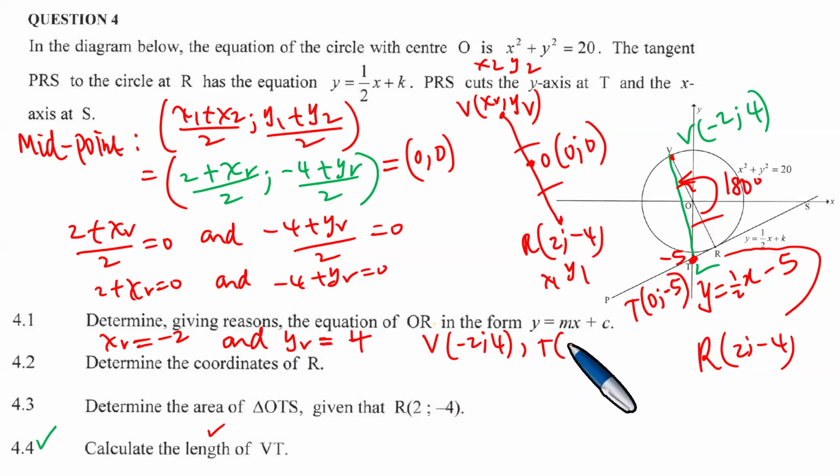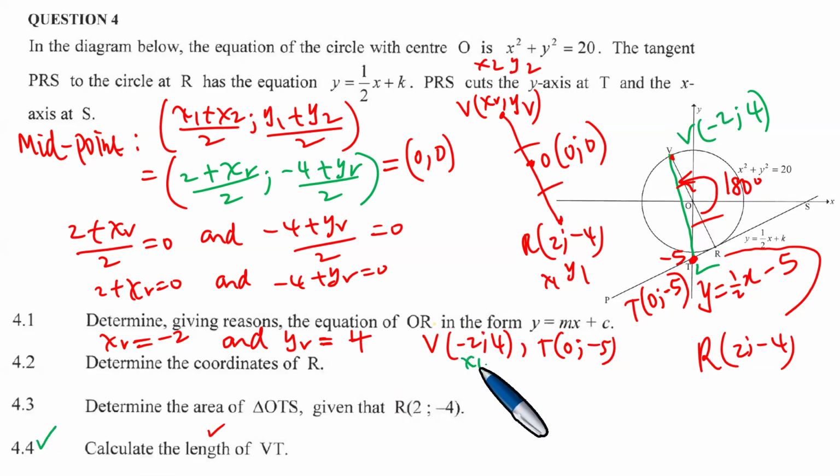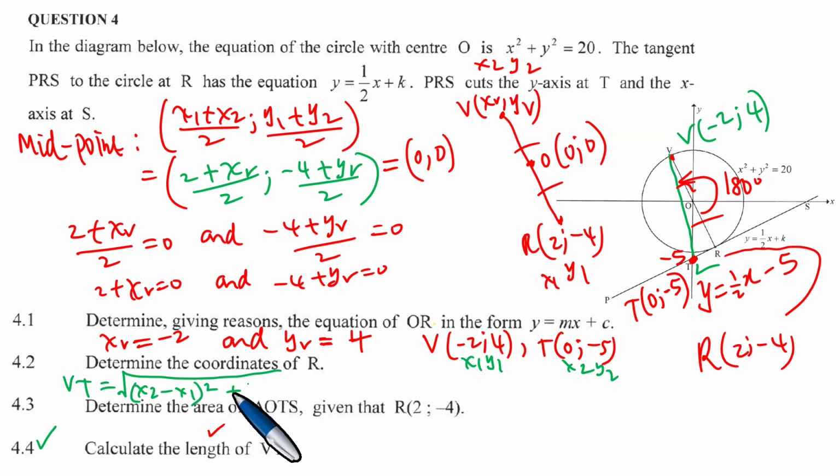We have T with coordinates (0, -5). (x1, y1), (x2, y2), which means VT equals the square root of (x2 minus x1) squared plus (y2 minus y1) squared. This is called the distance formula.